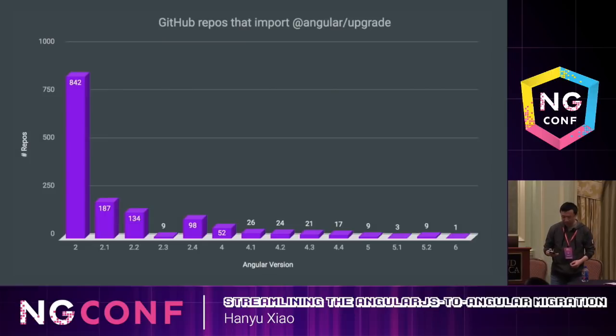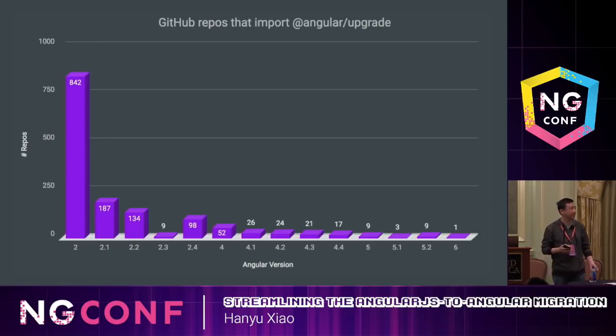However, if we look at the next graph, when we plot these repos against the Angular version, on the far left, we start with the very first version 2.0, right? It has the biggest number of repos, 842 to be exact. But as we advance the Angular version, the number drops like a rock.